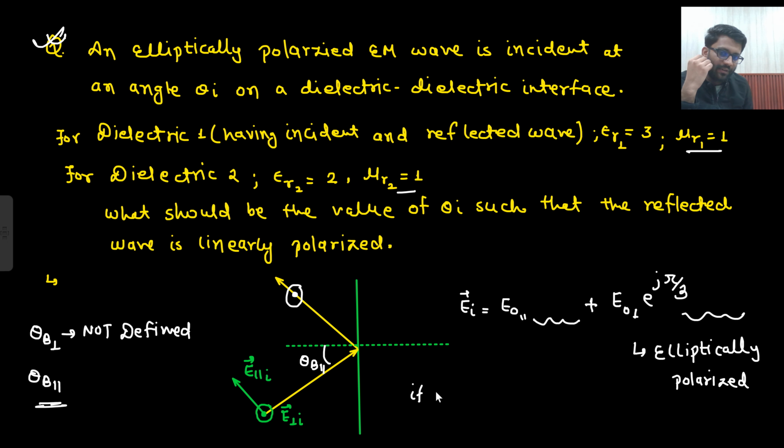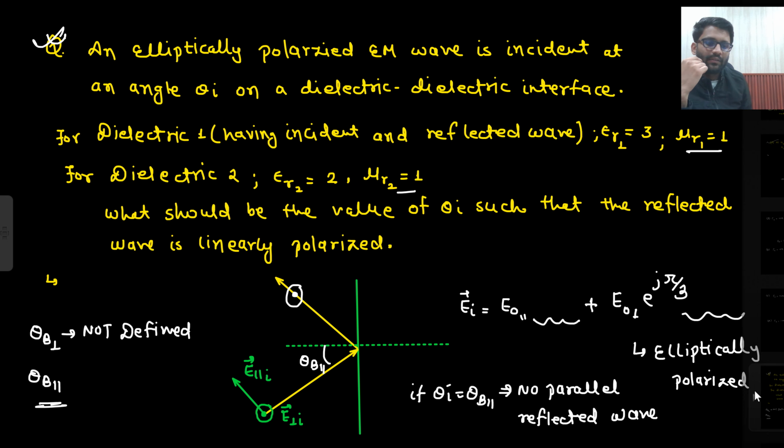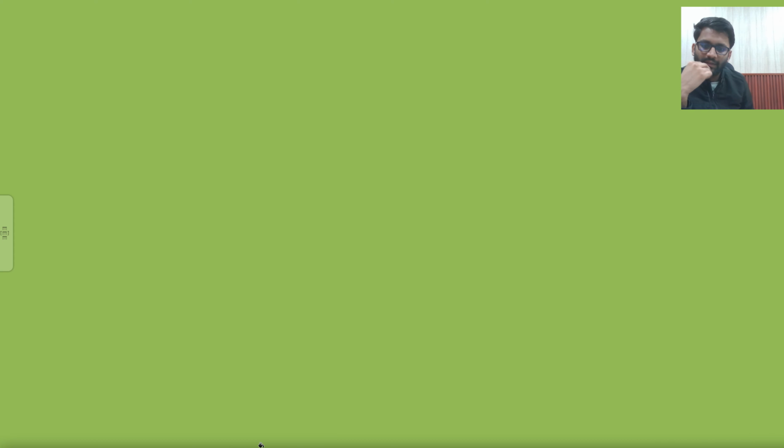So if theta I is equal to theta B parallel, then no parallel reflected wave. That means your E transmitted will have only perpendicular component, only one component I can say.